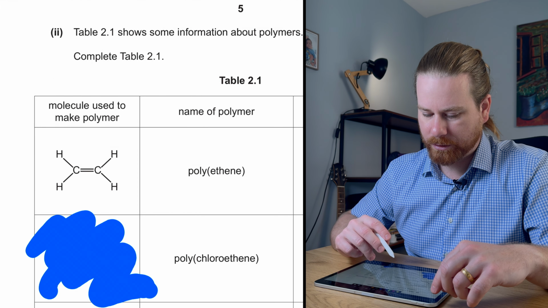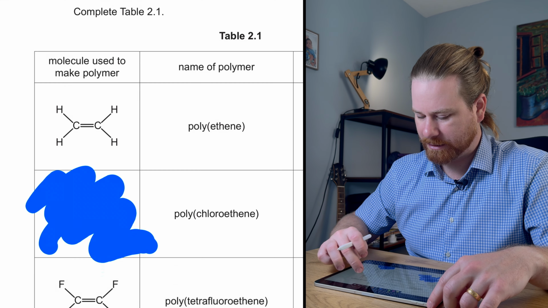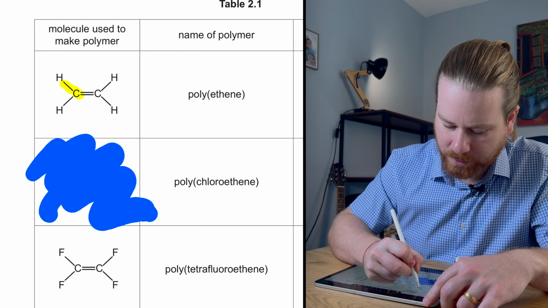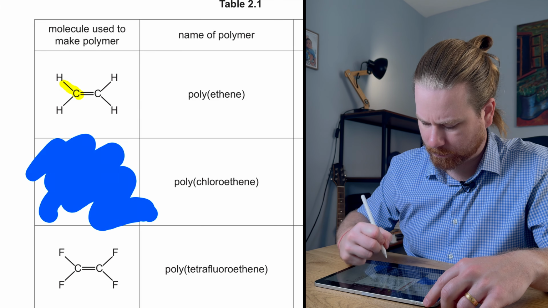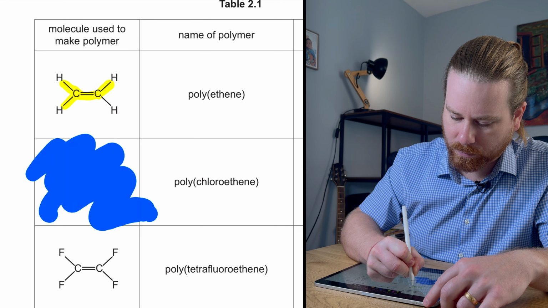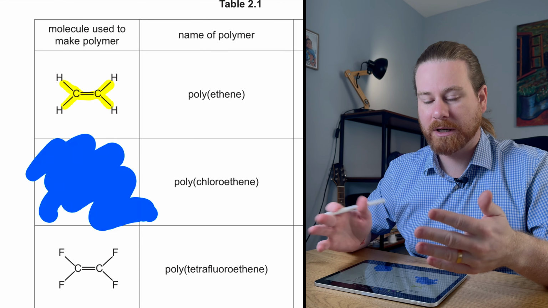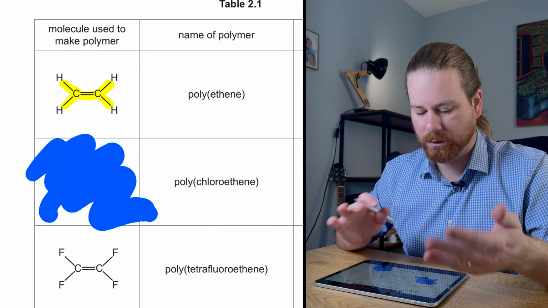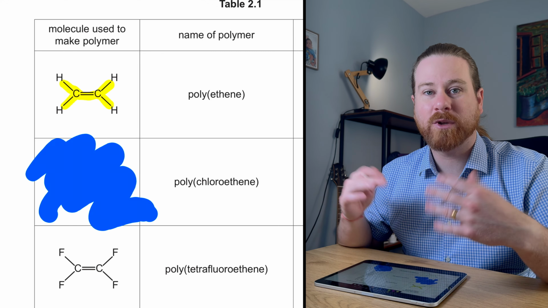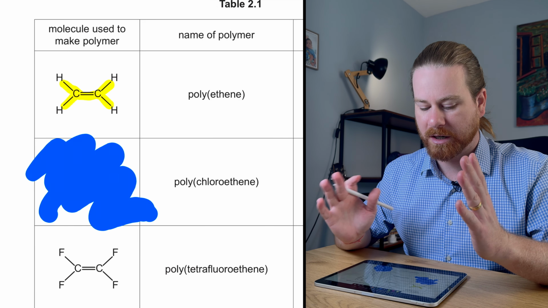All right, so we've got our table here. It shows some information about polymers. Complete the table. So if I just highlight this here, for all of the addition polymerization reactions, for all the addition polymers, it's the same basic thing. You can just imagine ethene without any hydrogens, and then all of the addition polymers are based on that.